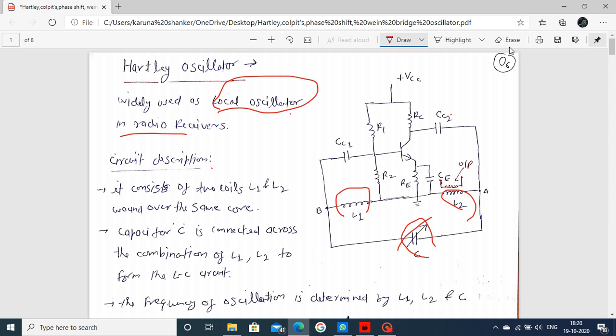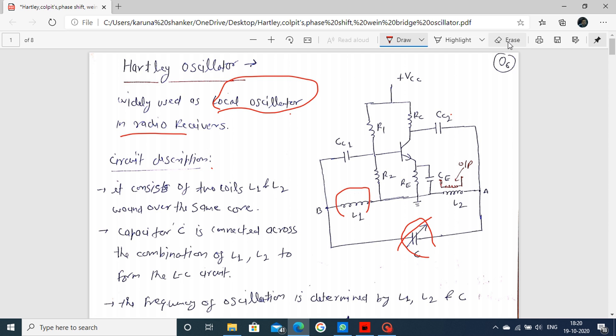Also note the output is taken across the L2 coil or L2 inductor. These are the oscillations produced, and the output is considered across L2. This is the circuit description.